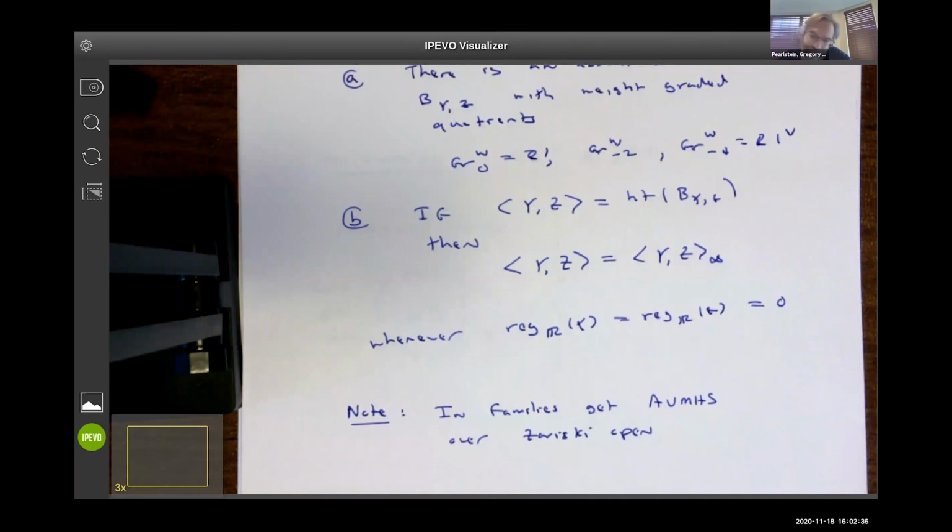Okay, so now in families, if we apply this construction in families, we'll get an admissible variation of mixed Hodge structures over some Zariski open.